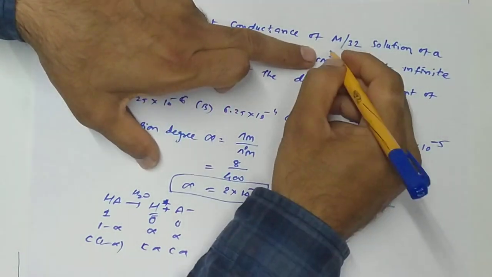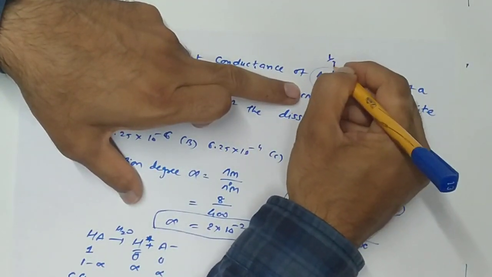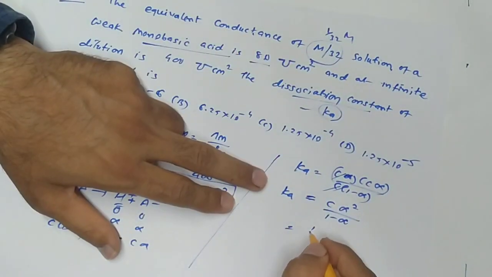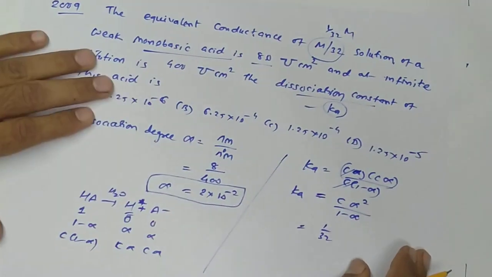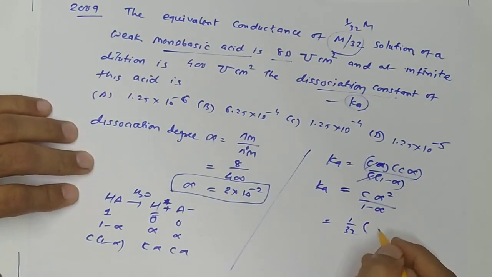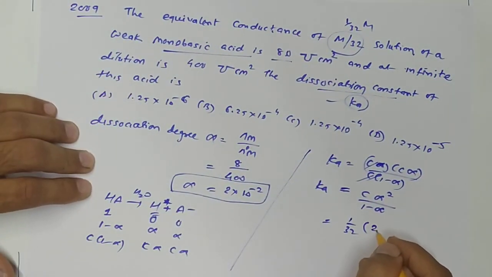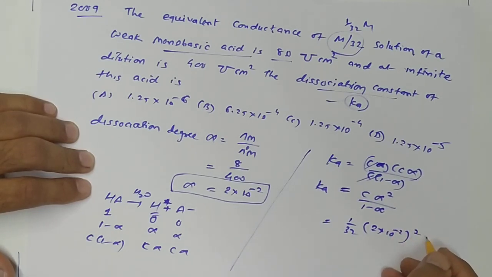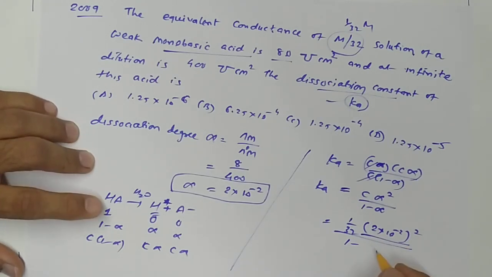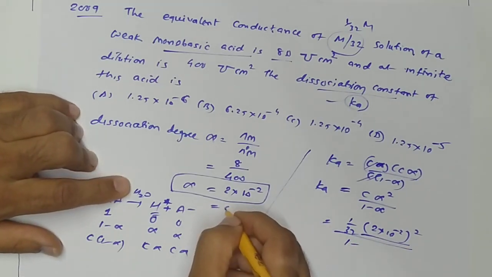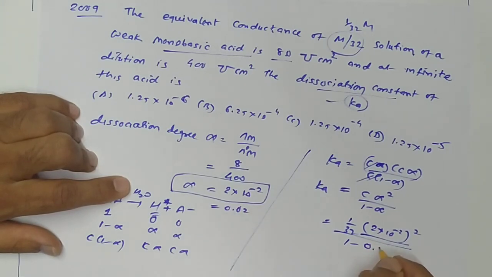The concentration is given as M/32, meaning 1/32 M. So Ka is 1/32 times alpha squared, the square of 2 × 10^-2, upon 1 minus alpha, where alpha is 0.02 and is negligible.